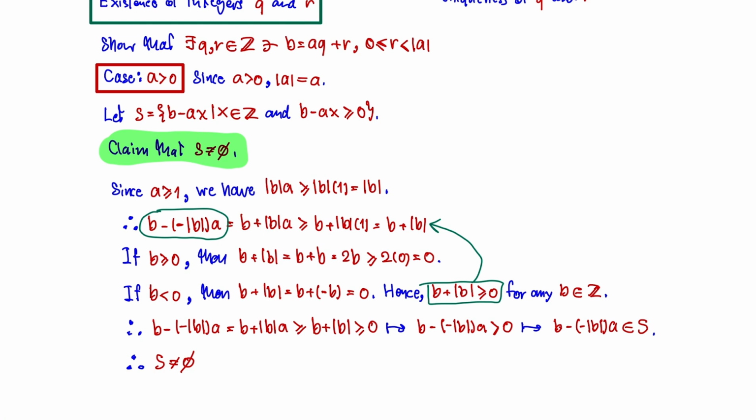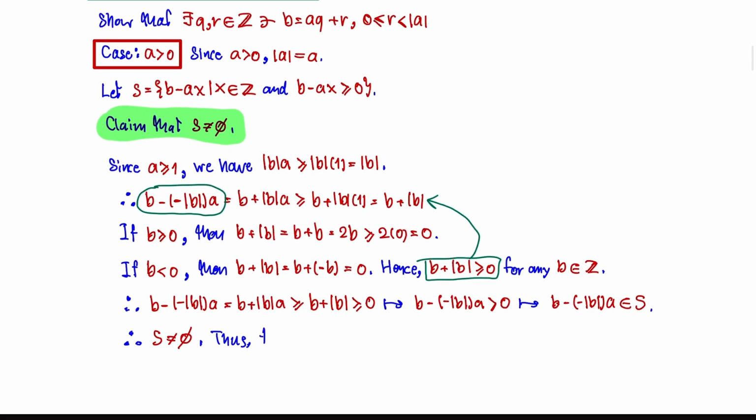It's not the empty set. So once it's not the empty set, what do we have? There exists, maybe small s in set S such that s is 0 or s is greater than 0.